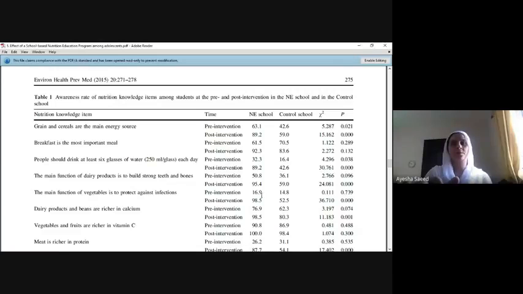And as you can see that there is some element of bias present in the selection of the control and the nutrition education school. As you can see at the baseline, their answers are very unsimilar. There is some factor that is different between the two schools.